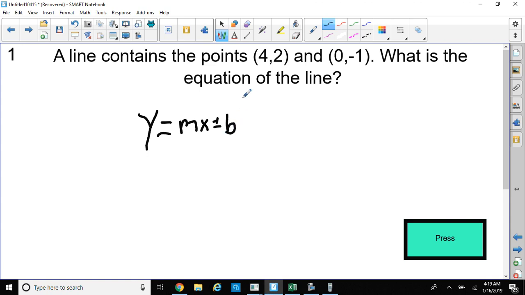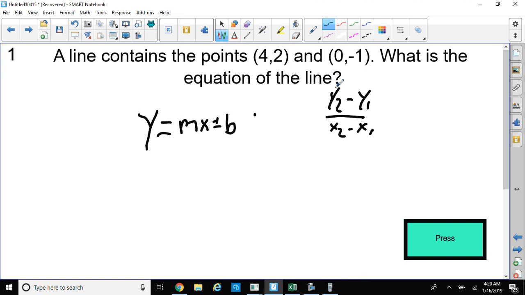So we're going to take these 2 points and find the m. M is called the slope. The formula for slope is taking the 2 y coordinates and finding their difference over the 2 x coordinates and finding their difference.